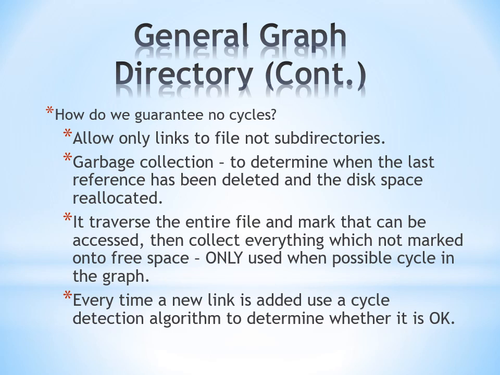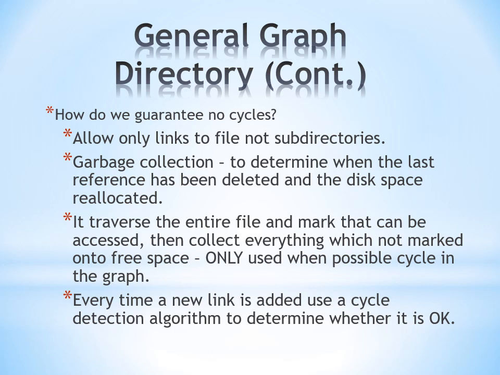For example, we have garbage collection. Garbage collection determines when the last reference has been deleted and the disk space is reallocated. For example, in a database, you have multiple users accessing the same database. One of the users is modifying the data, and another user wants to access the file at the same time.